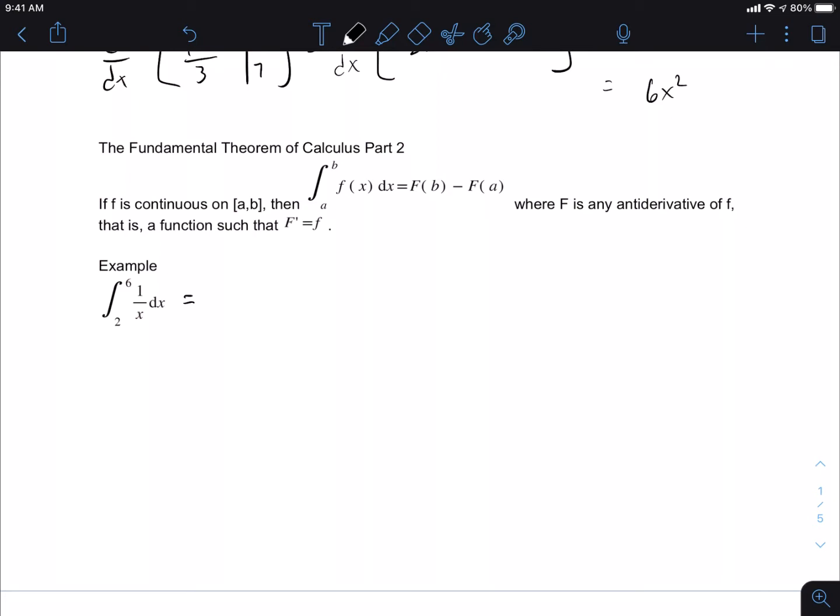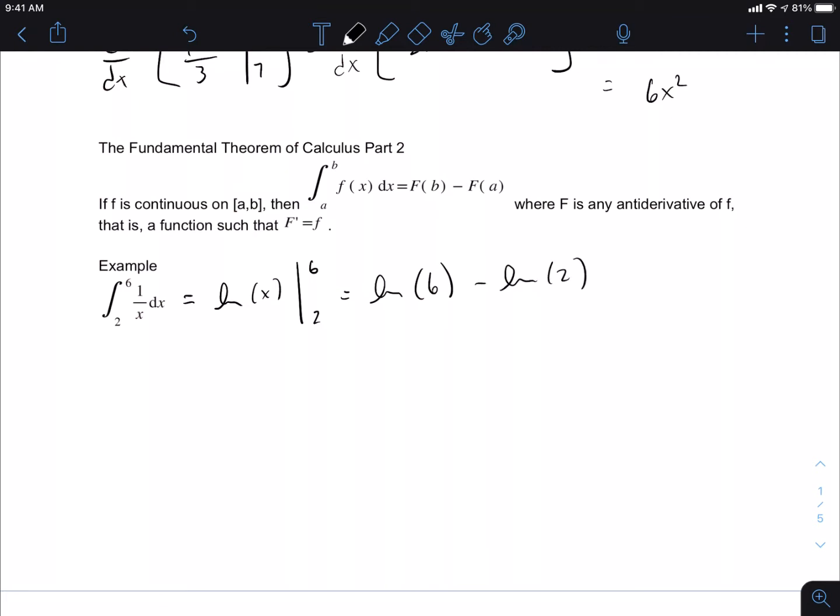So the derivative of the natural log is 1 over x. So we're going to get the natural log of x evaluated from 2 to 6. That's what you end up seeing in notation. That straight line right there means such that. So when we evaluate this, we're going to end up getting ln of the upper bound minus ln of the lower bound.